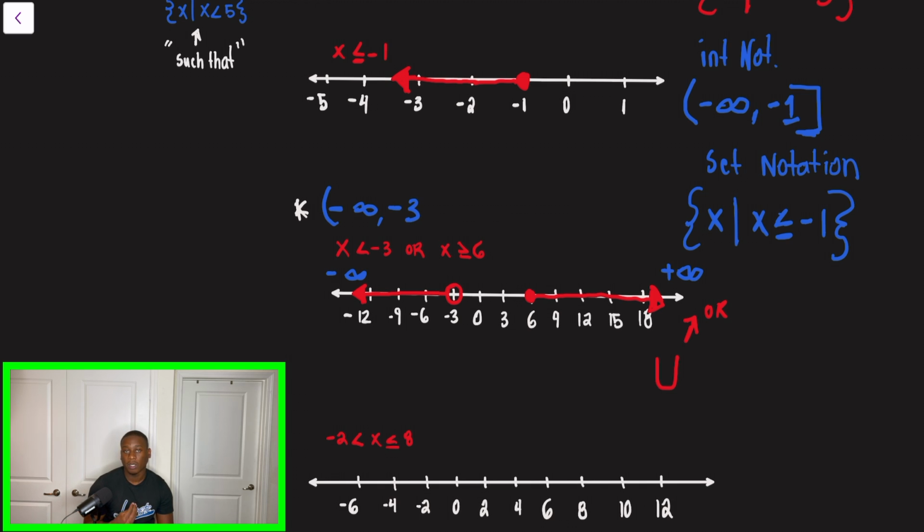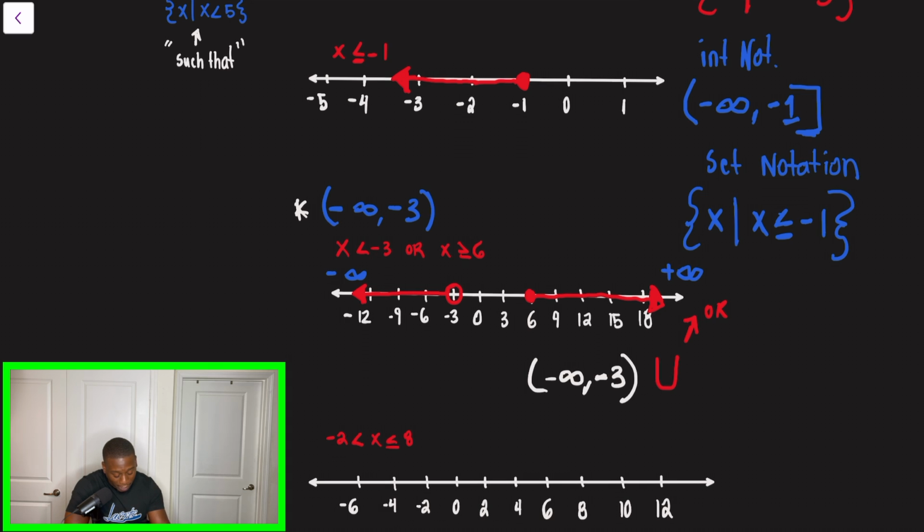And because we have an open circle, that means we'll have a parentheses when we're talking about the interval notation. All right. So we got the first interval notation. So I'm going to write that down below in white next to that U. So this is the first part of our answer. Our graph is going to start from negative infinity and it's going to come all the way up to -3, but -3 is not included.